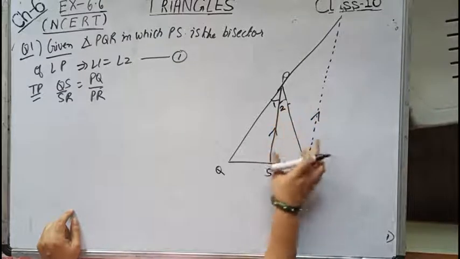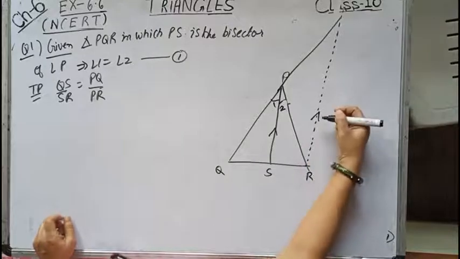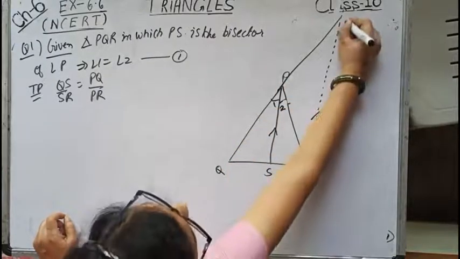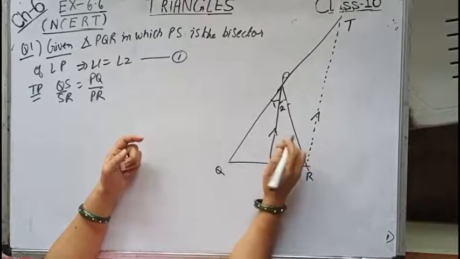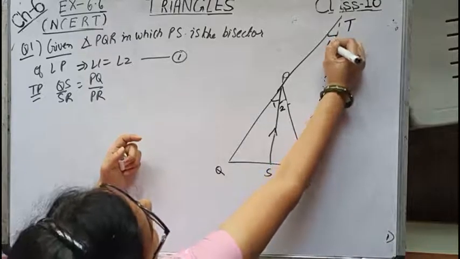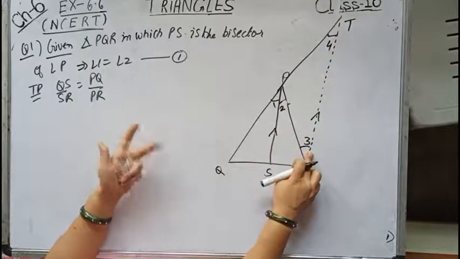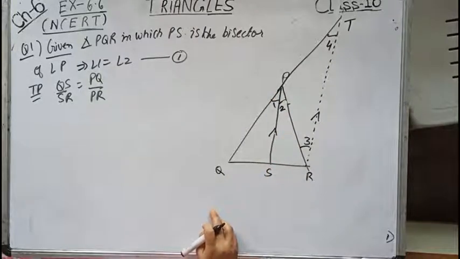Now when we draw these two lines parallel, let us name over here the point T, on the extension of QP. Now when these two lines are parallel, angle 2 will equal angle 3 and angle 1 will equal angle 4. 2 equals 3 because of alternate angles and 1 equals 4 because of the corresponding angles axiom.